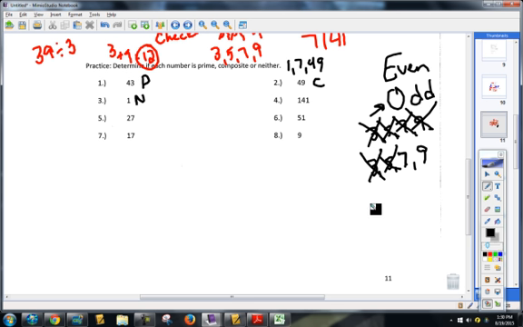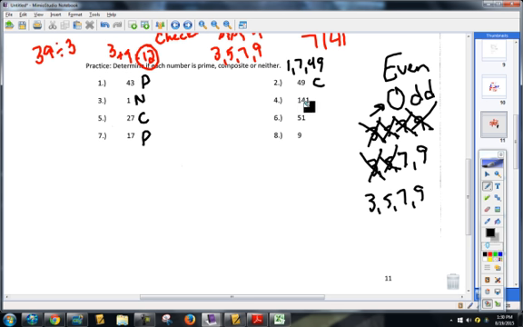27 is odd. So again, we're going to check 3, 5, 7, and 9. If you added it, 2 plus 7 is 9. Does 9 have a factor of 3? Yes, it does. Therefore, that has more than 2 factors. 17 is odd, so you're going to check 3, 5, 7, 9. You would learn that that is absolutely prime. 141, check this one. It's odd, so we're going to check 3.